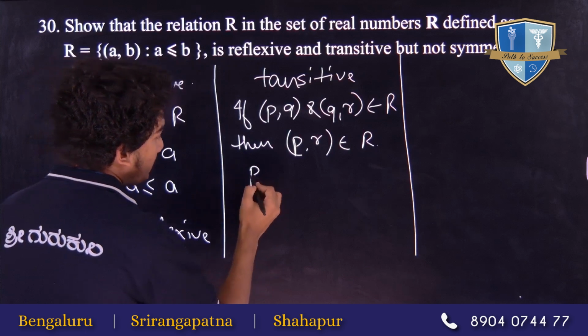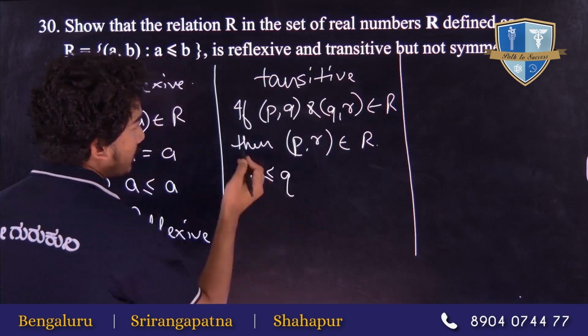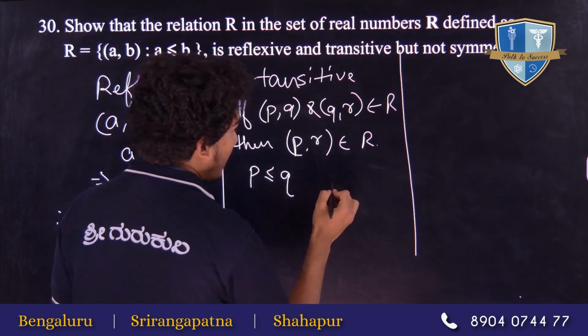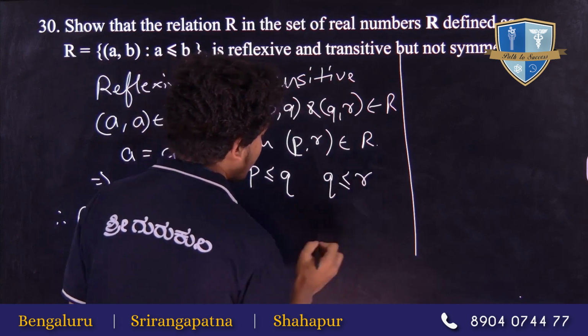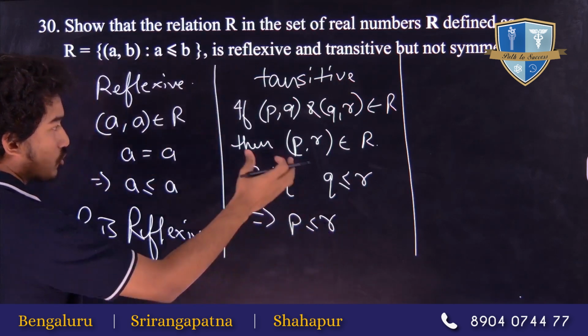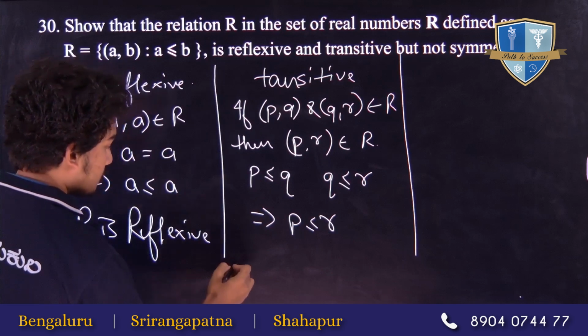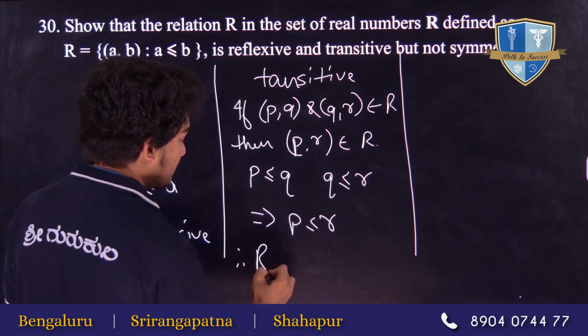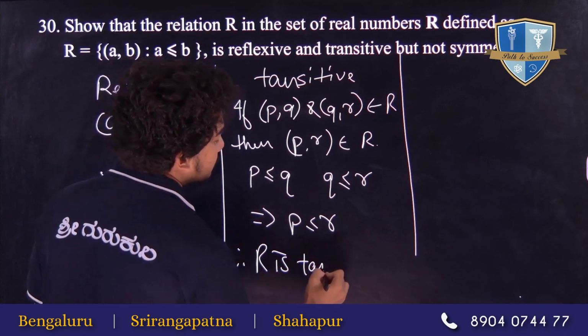See, if p is less than or equal to q and q is less than or equal to r, this implies p is less than or equal to r. So this will also be there in our relation. Therefore R is transitive.